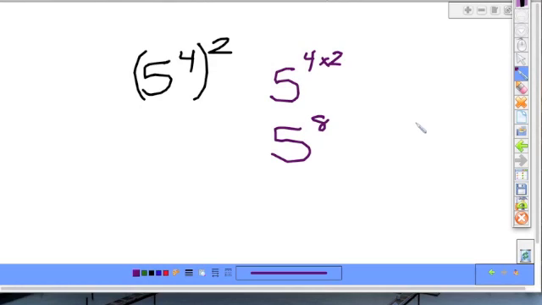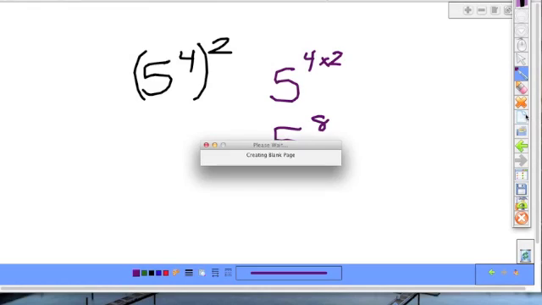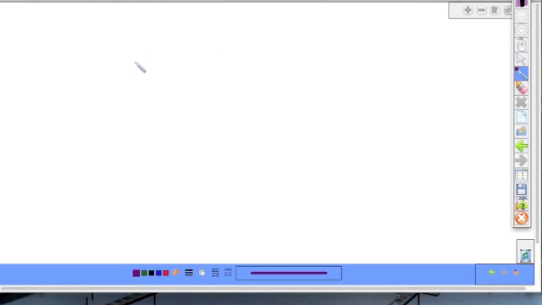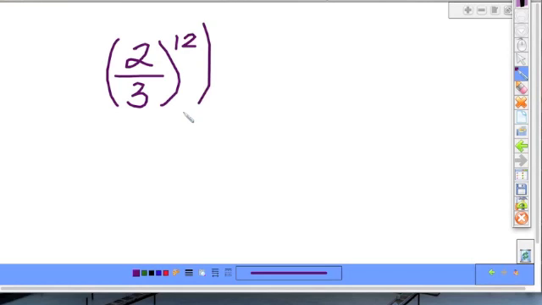Now, what if we had one where you had a negative exponent? Let's try that. Let's say we had 2/3 to the 12th power, all being raised to the negative third power.